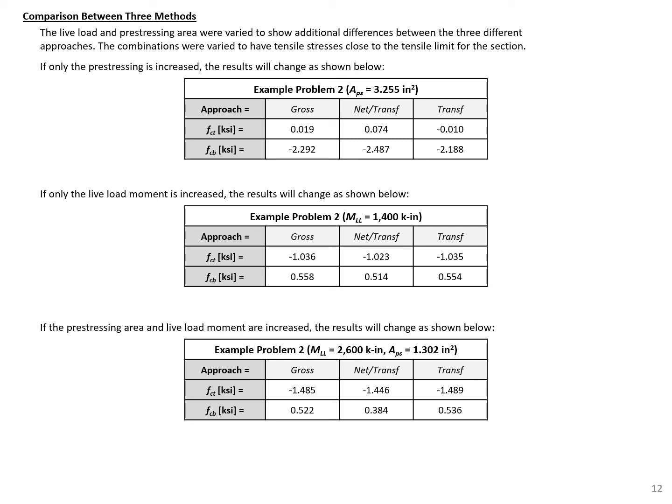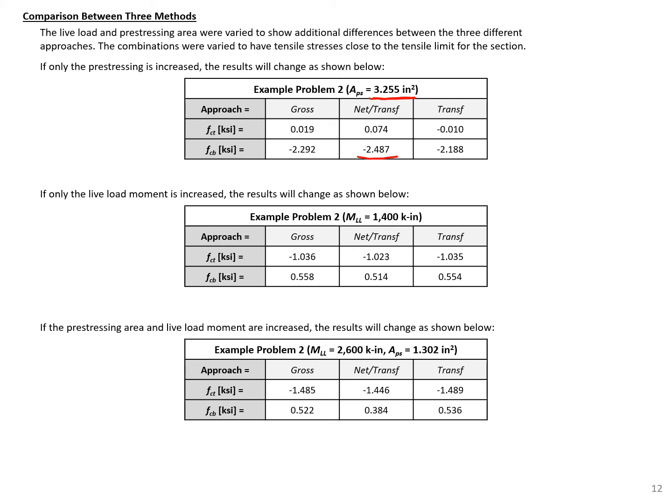On this slide, we can see a comparison of the three different approaches with different pre-stressing areas and with different moments. The first case, we're increasing the pre-stressing amount only, and you can see that the compression in our bottom fiber is going to be higher when we use the net and transform section.